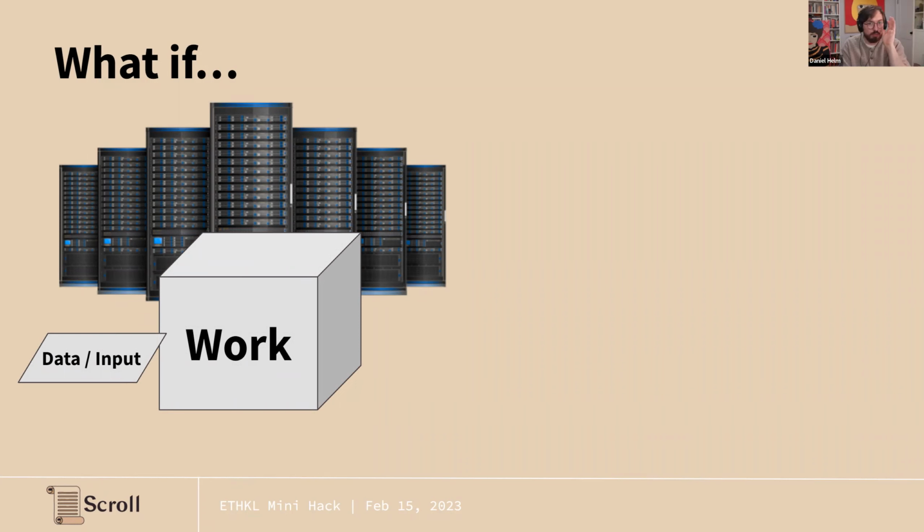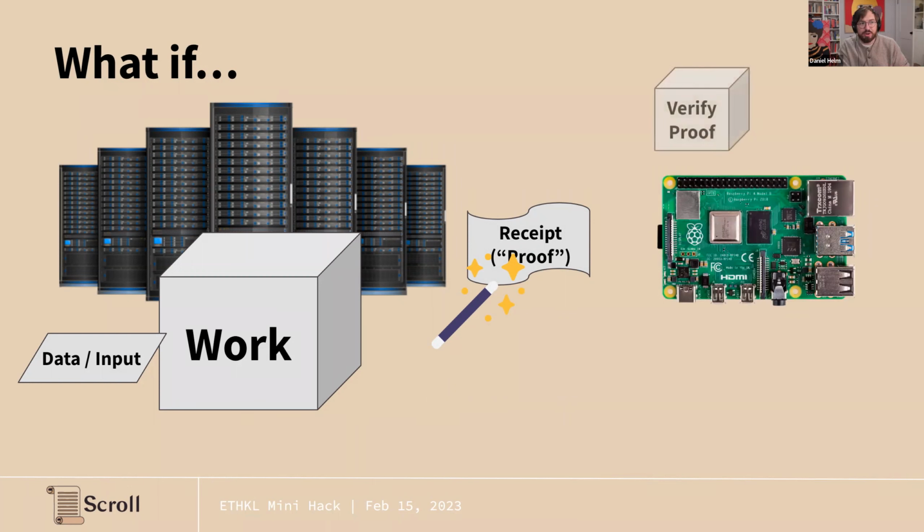And so here's the thought experiment. What if we had a magic wand and we could create a receipt, and we could call this receipt a proof. And this receipt is not a log of the work. It's not something so you can redo all the work. It's just a way for you to be able to have something somewhere else, a smaller computer, be able to verify that all of this work was done correctly.